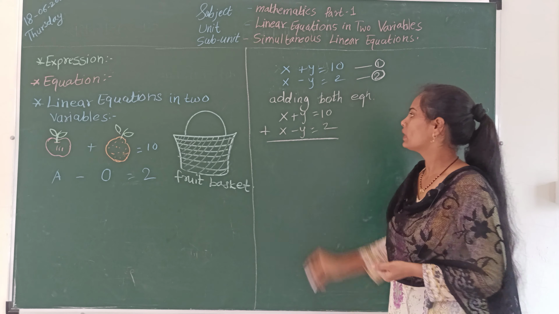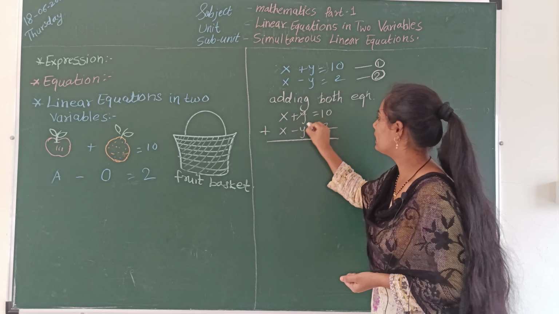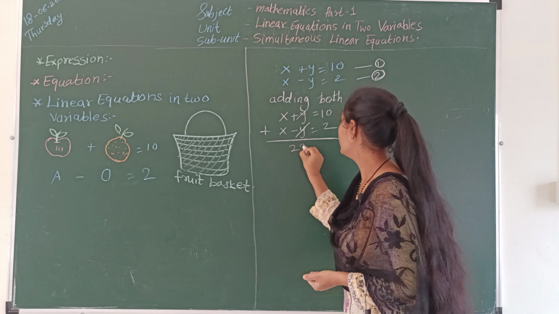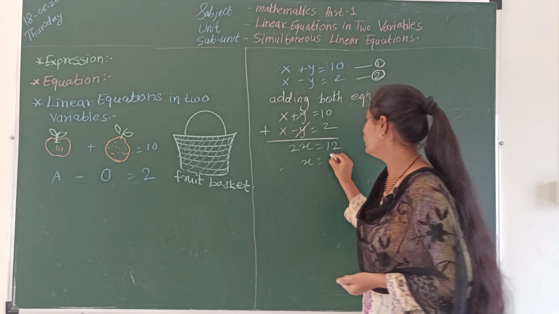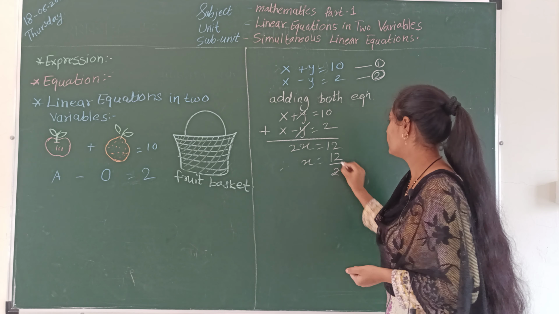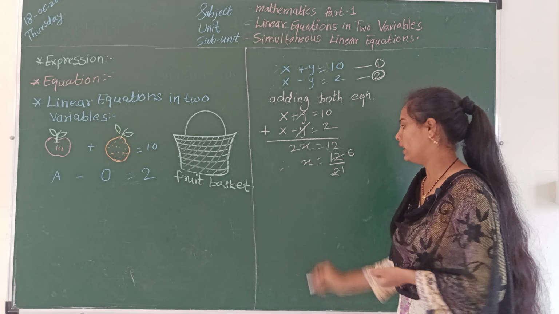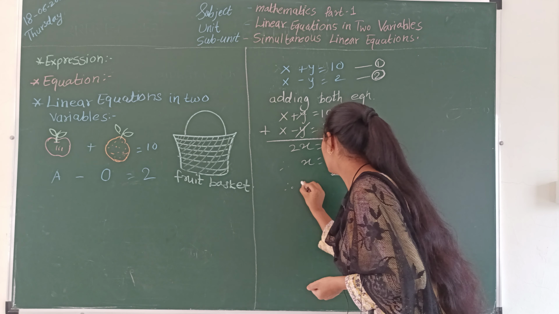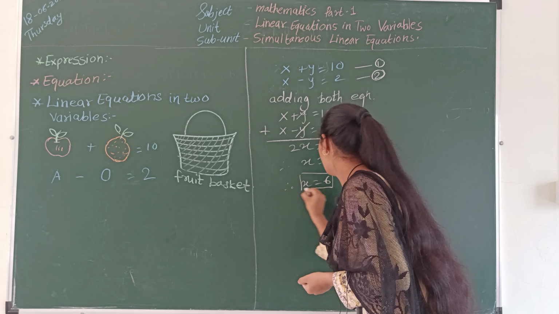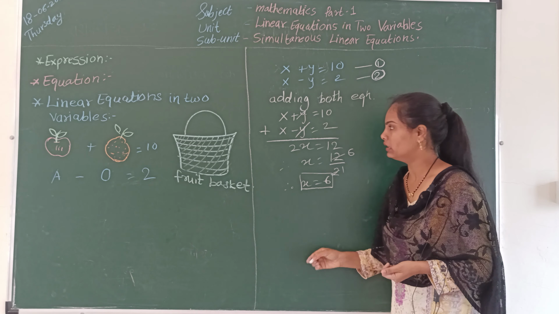Sum: plus y minus y will be cancelled, and x plus x means 2x is equal to 10 plus 2, 12. Now x is equal to 12 divided by 2. 2 sixes are 12. That's why x is equal to 6. This is our answer for the x variable.